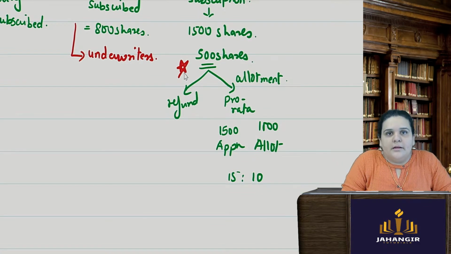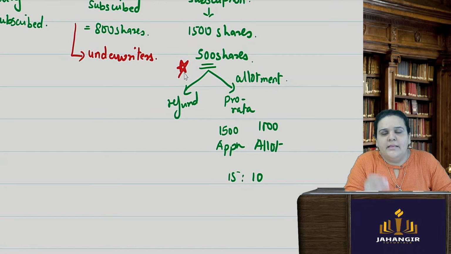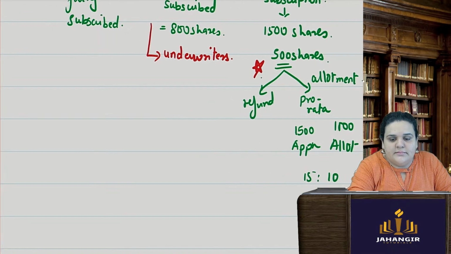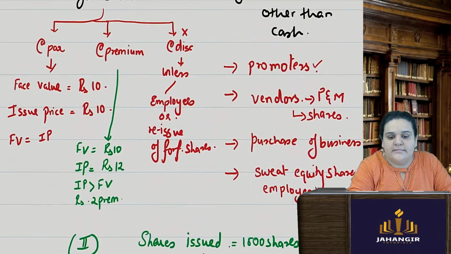At one go you may not understand how it is refunded or adjusted, but I'm going to solve all those sums with you. Any sum in your exam on oversubscription, you will be able to solve. So this is the second part of issue of shares.